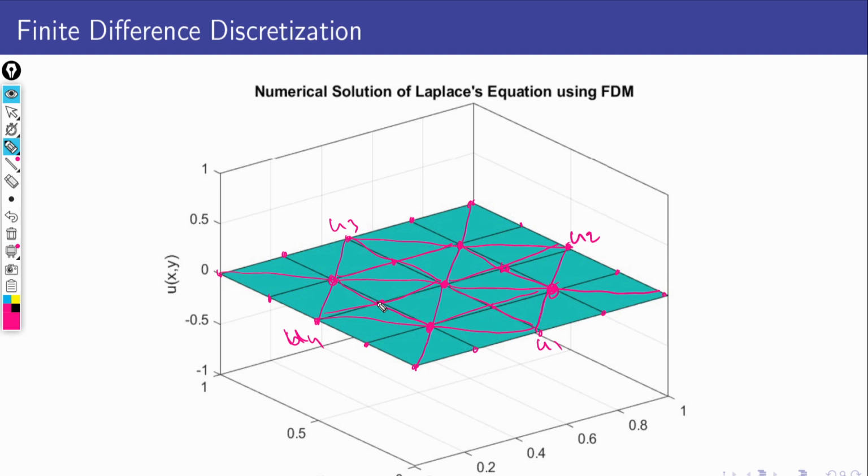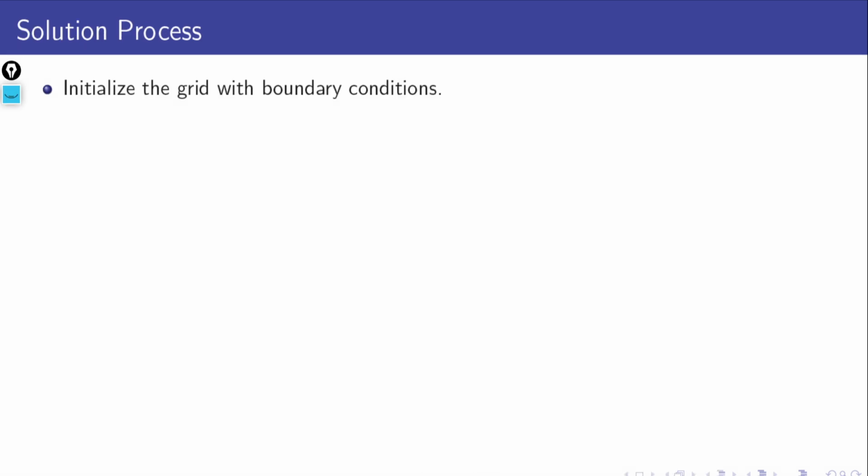The most important thing is that we need to improve these values corresponding to each grid point. This is very crucial, and our approach, the finite difference scheme, will be very helpful to get these values and to improve the results. Now this is the solution process.